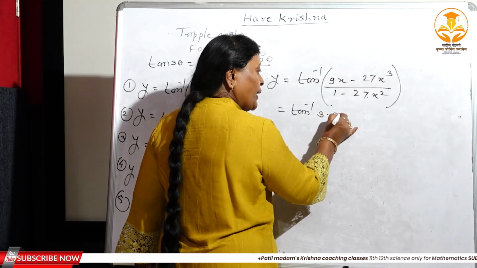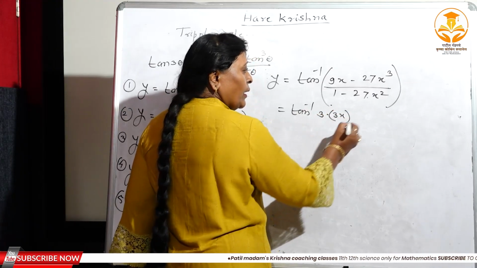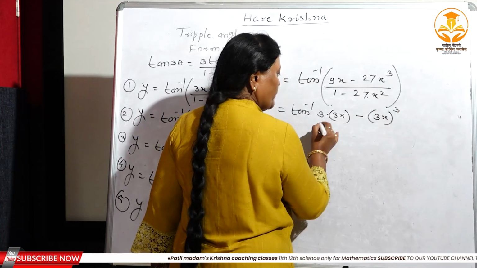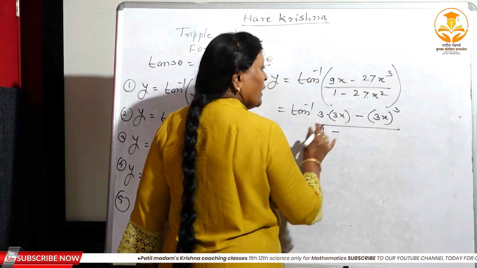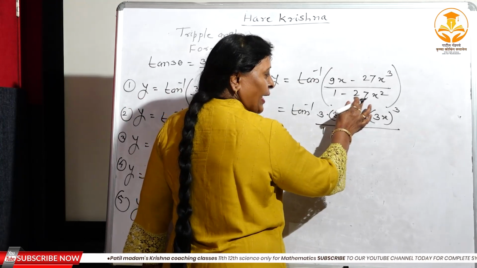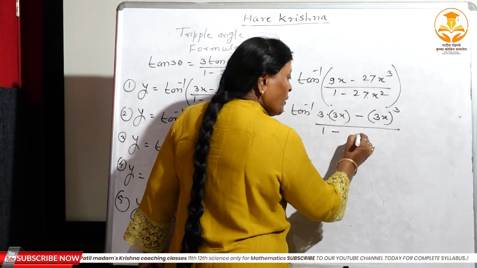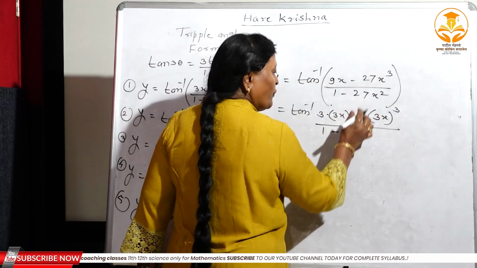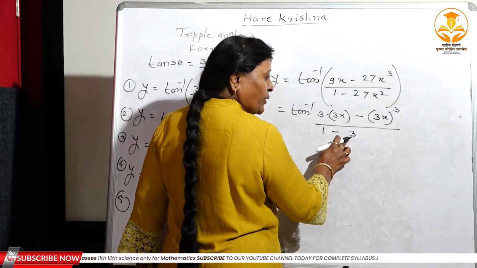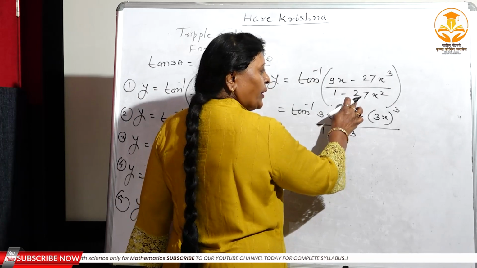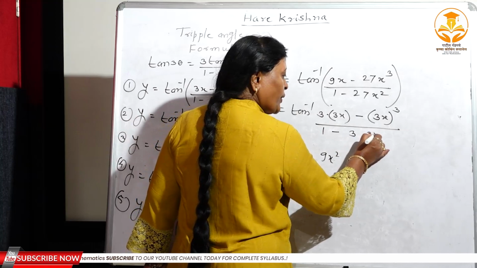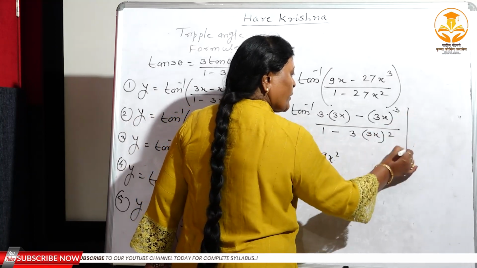Therefore, 3 into 3x, isn't it? 27x cube you can write as 3x whole cube, right? Again 1 minus this 27x square. Again you want 3 here, right? When you take 3 common from 27, what remains? 9x square, and the 9x square you can write as 3x whole square, right?